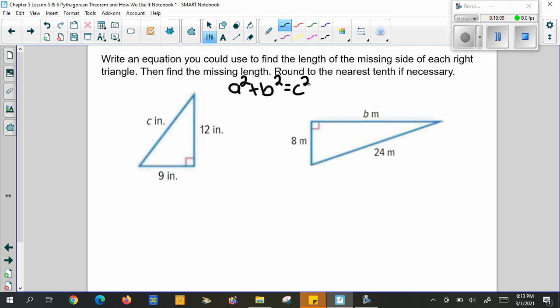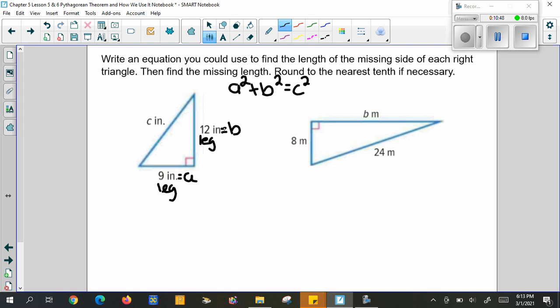What we need to know is some teachers will always tell you that when it comes to your two legs, see, here's a leg and here's a leg. That means one of those is A, one of those is B. And some teachers will instruct you to make the smallest one A and the other one B. That is a strategy.